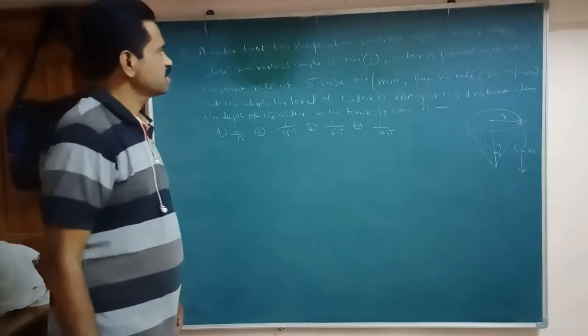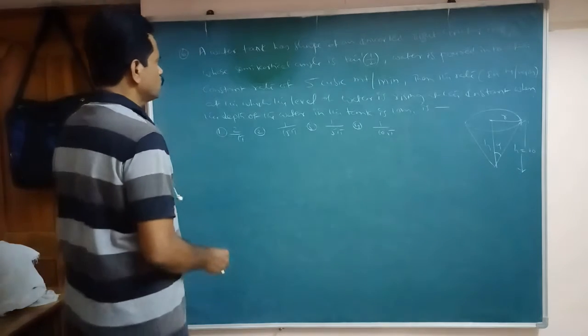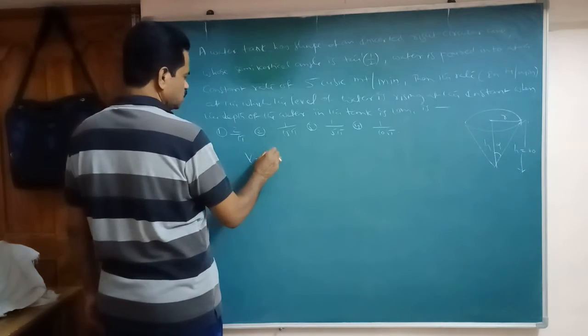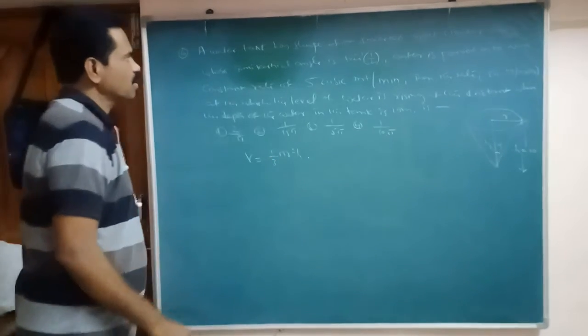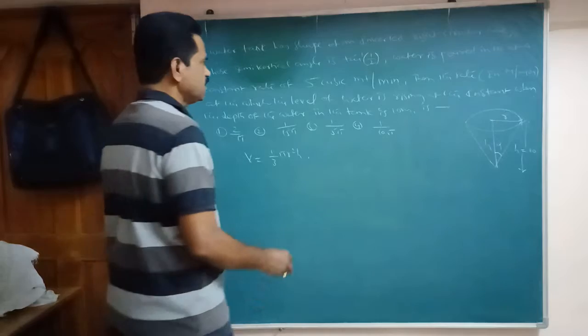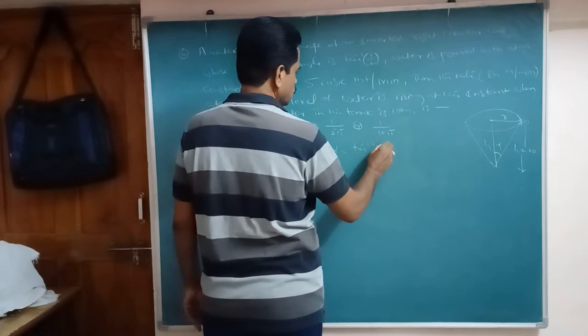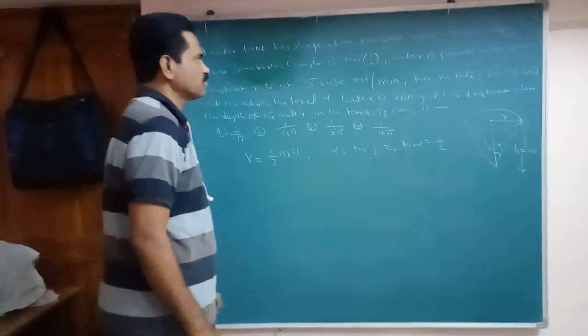A water tank has the shape of an inverted right circular cone. So the volume of the cone is one by three pi r square h. And the semi-vertical angle alpha equal to tan inverse 1 by 2, then tan alpha equal to 1 by 2.